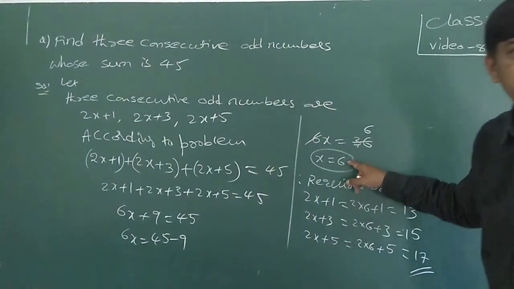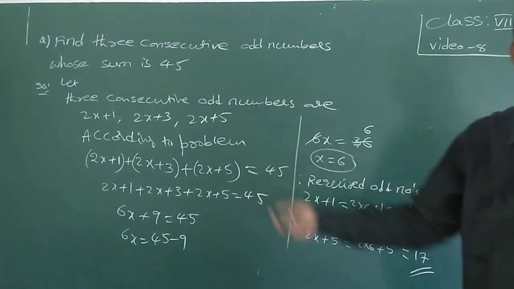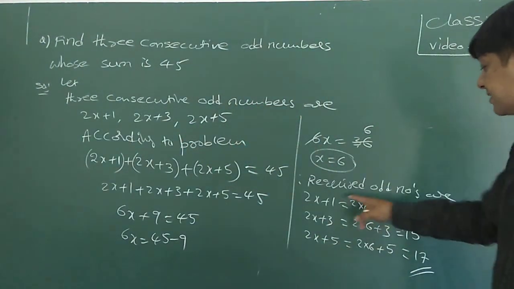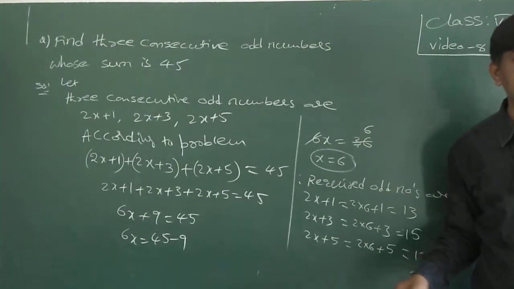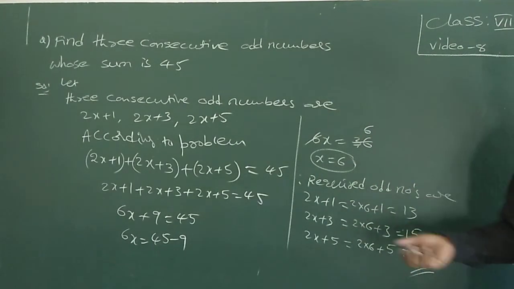This x is not your result. Your result is when you substitute this in your assumed numbers to get the final answer. 13, 15, 17 are the required odd numbers. Please make sure you write this down.